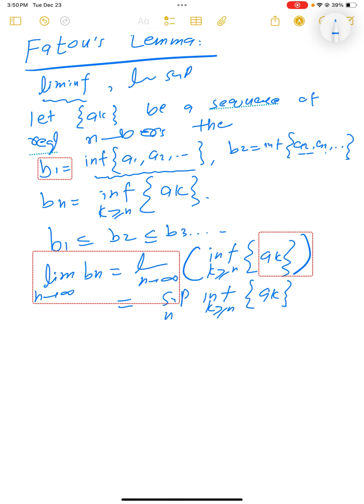So this means that lim inf is the sup of the infimum of the sequence A_k.